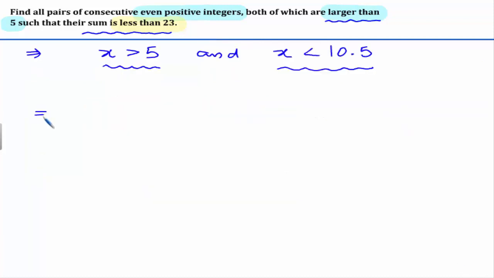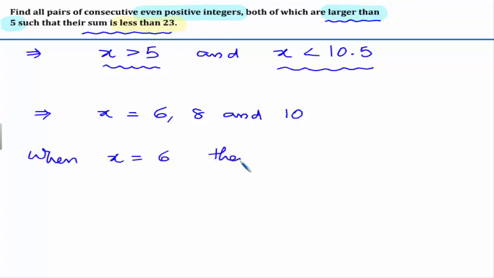So therefore x takes the values of 6, 8 and 10. Now when x is equal to 6, then the other consecutive number x plus 2 will be 8. So the first pair is 6 and 8.